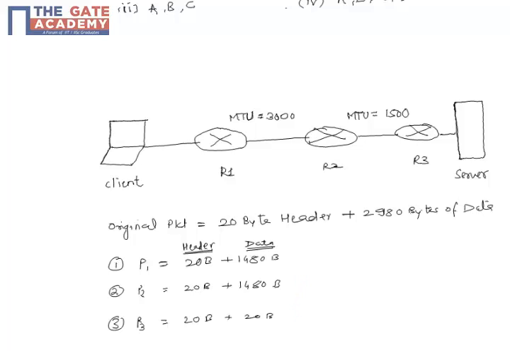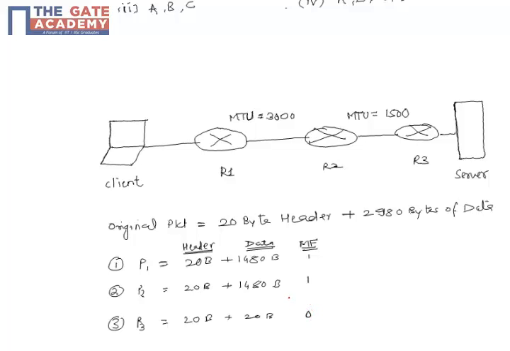Now the more fragment bit or MF bit for these fragments would be 1, 1 and 0 respectively, because there are fragments after the first and second fragments but no fragment following the third fragment.